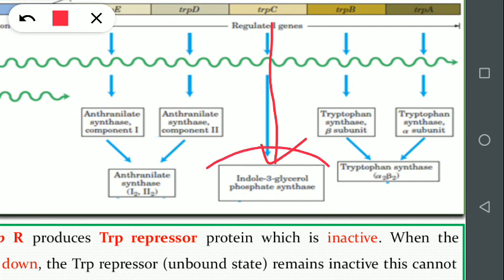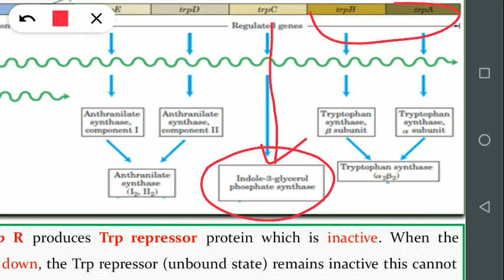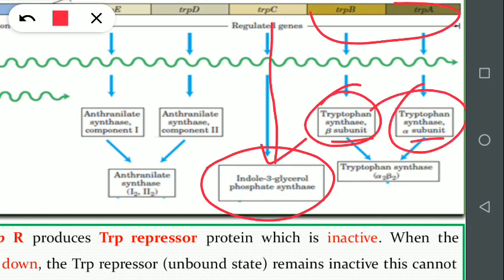And the second enzyme, the B and A genes, will produce two subunits, the alpha subunit and beta subunit of tryptophan synthase, and these two bind to each other and form a multi-subunit enzyme, that is tryptophan synthase.